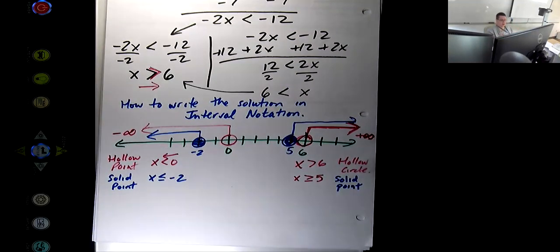That's not interval notation, but I'm sure they're going to give you problems where it's graphed. Interval notation is taking this to the next step.